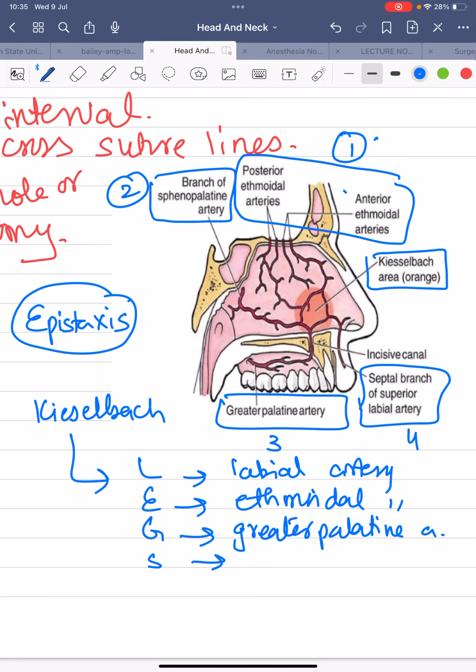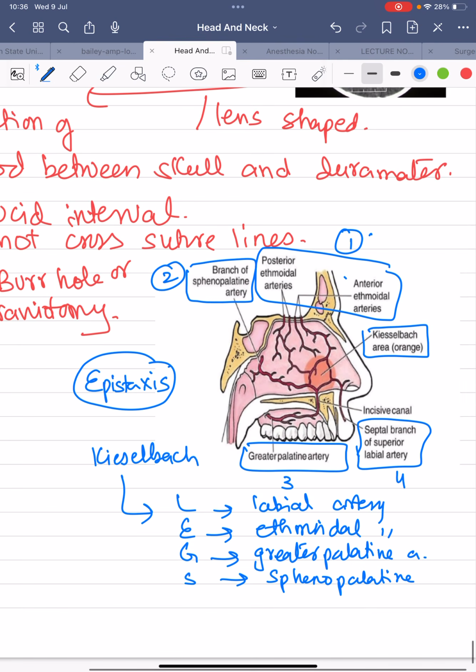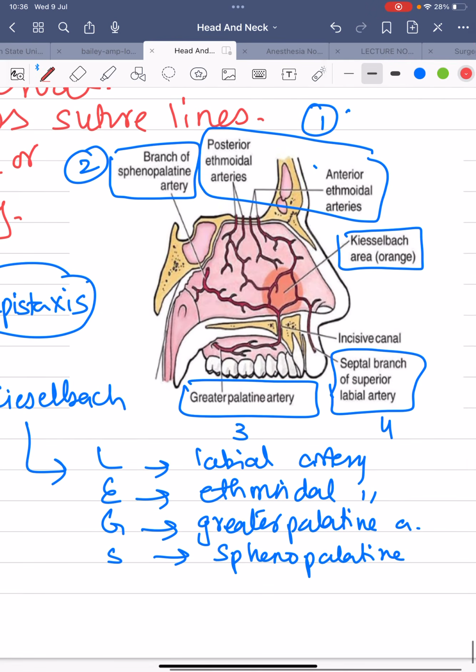Now see here all students, all these arteries, see here. Labial artery, branch of external carotid artery. Greater palatine artery, branch of external carotid artery, maxillary artery. Sphenopalatine artery, coming out from maxillary artery.